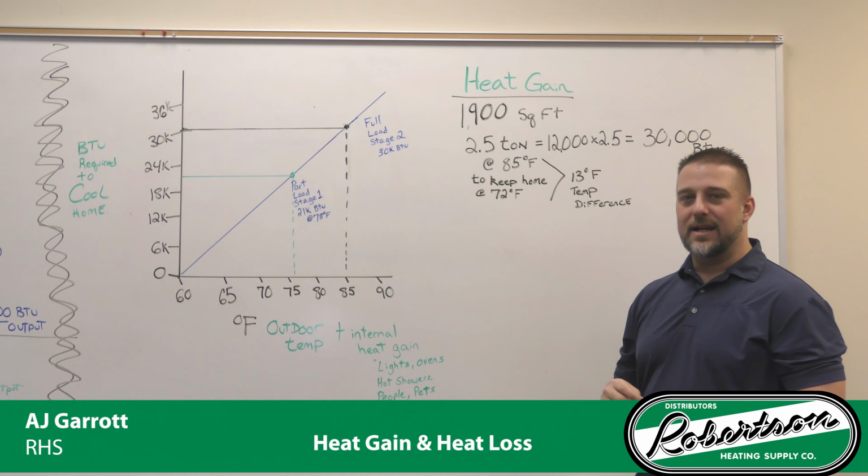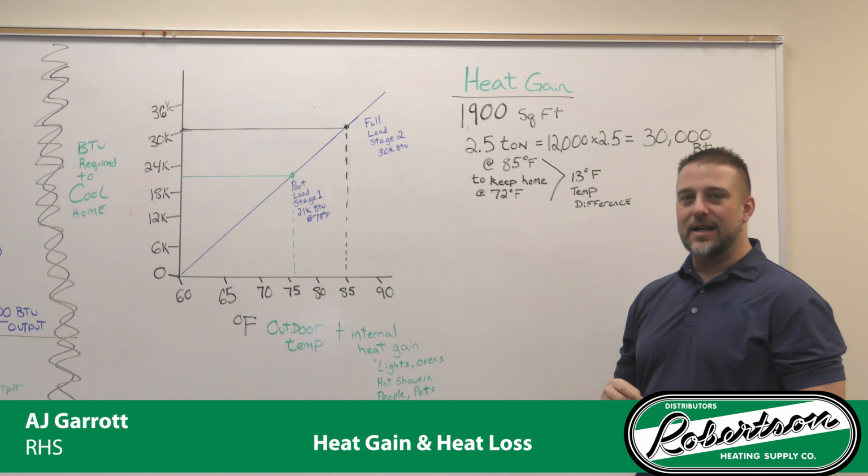Again, this temperature can vary depending on your design application. On the vertical, we're going to look at 0 BTUs, and it'll go up to about 36,000 BTUs. Again, this is for my application design for the home that we're looking at. Now, this can go up to 48,000 BTUs or 60,000 BTUs, depending on what you are sizing to.